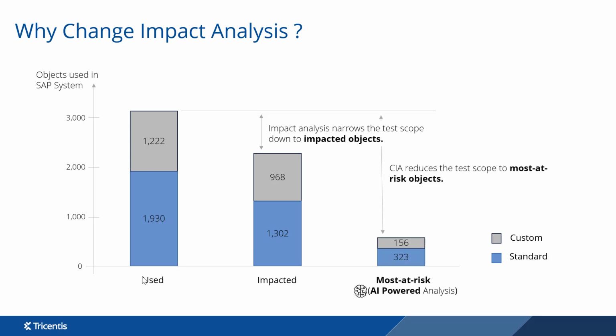Change Impact Analysis is great at getting you down to the most at risk set of executables that covers 100% of the changes coming through on your transports. So would you rather test everything or test the most at risk set of executables?